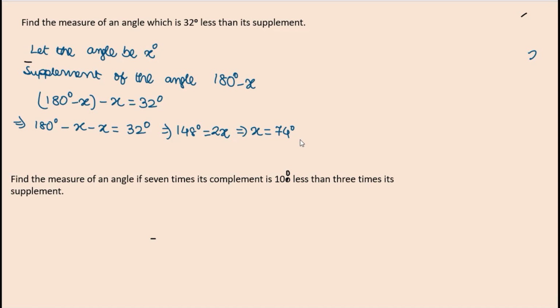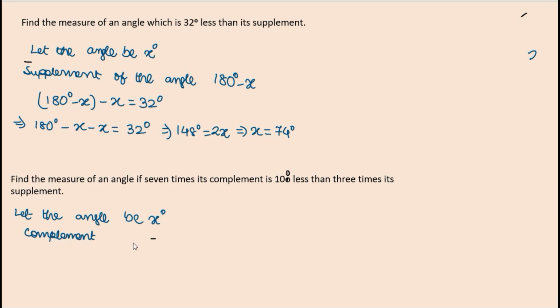The next sum is, find the measure of an angle if 7 times its complement is 10 degree less than 3 times its supplement. Let the angle be x degree.